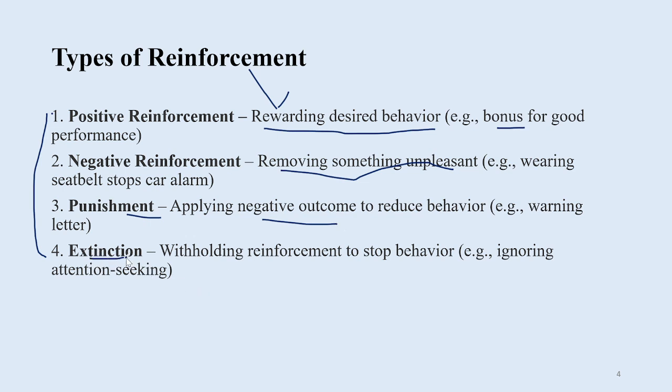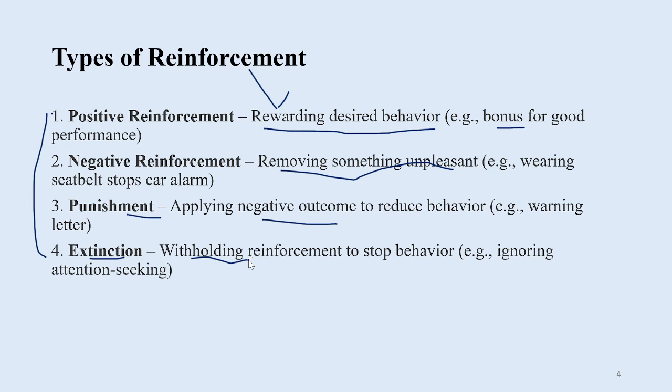The fourth type is extinction, withholding reinforcement to stop behavior. Okay, let's just understand this concept. Students usually get confused in it. Extinction means when a manager in the organization says to employees that you have grouped together and you have worked together as a team.